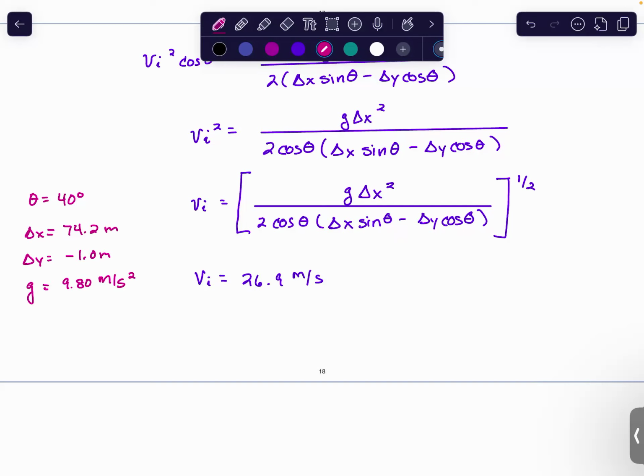You plug in all those numbers, and you end up with the initial velocity. Now, this is the linear velocity that was achieved by the athlete swinging the hammer in a circular motion. So now you have to take this linear velocity and put it into a rotational motion. Okay?